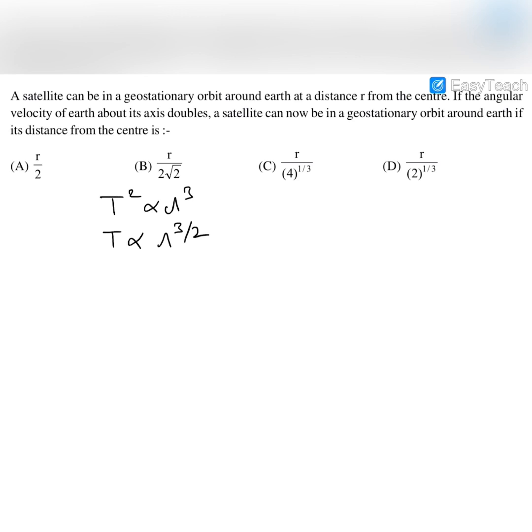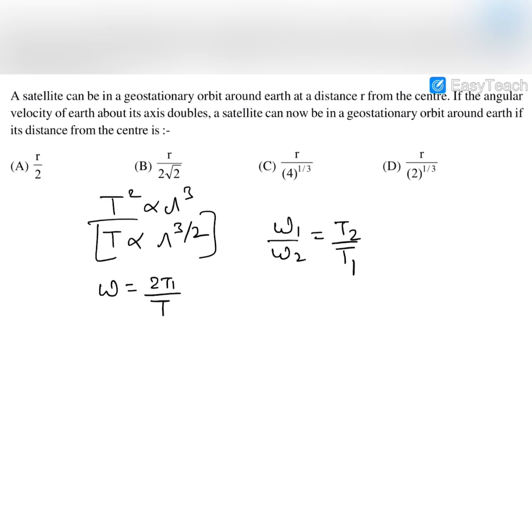Omega is equal to 2 pi by T, so omega 1 by omega 2 is equal to T2 by T1, because omega is inversely proportional to the time period.